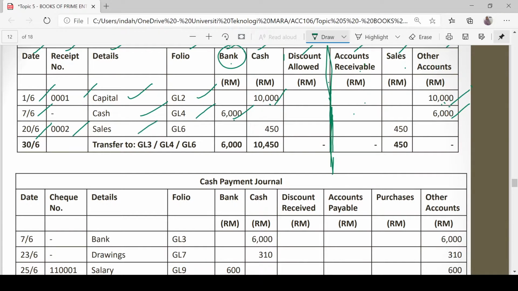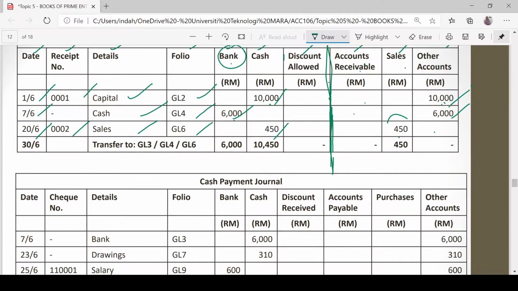The item is sales, folio GL6, the one you created. Then cash 450 because we receive cash. If you receive any check, then it will be under bank. Is it from account receivable? No. Is it because of sales? Yes, then you put it here. If it is not, then it will go to other account.